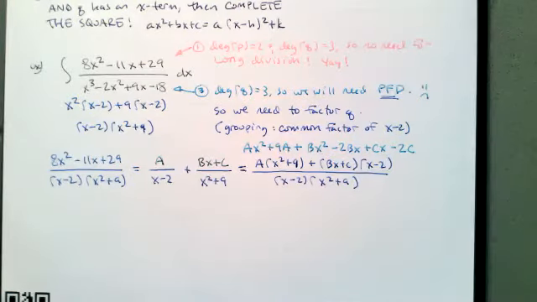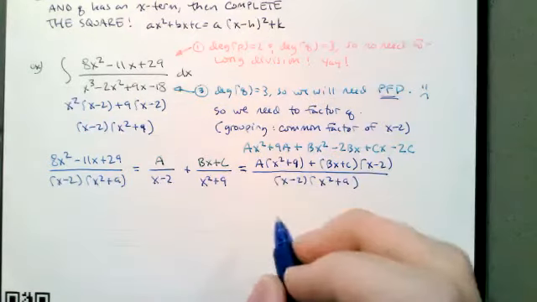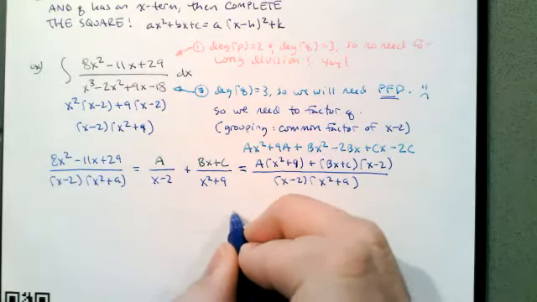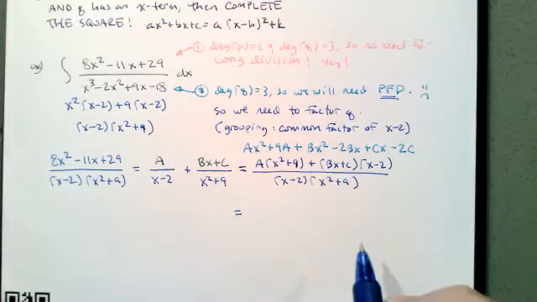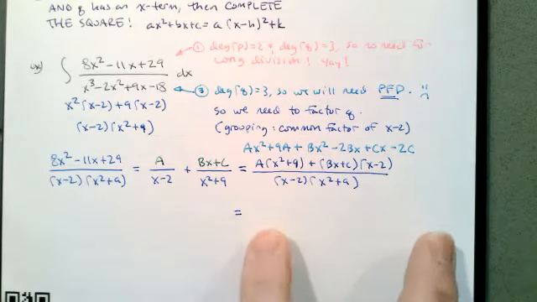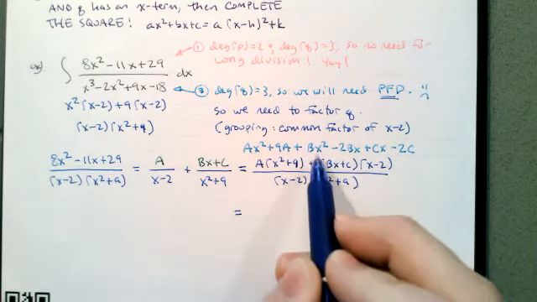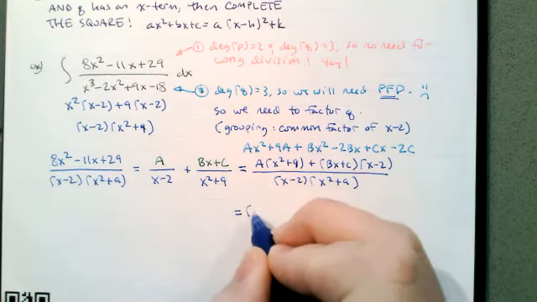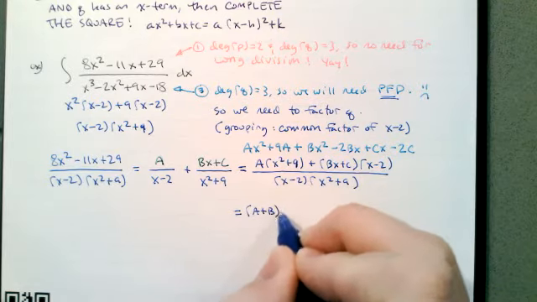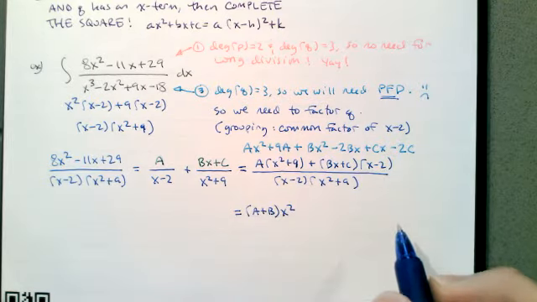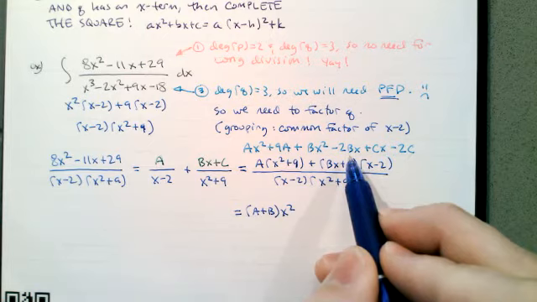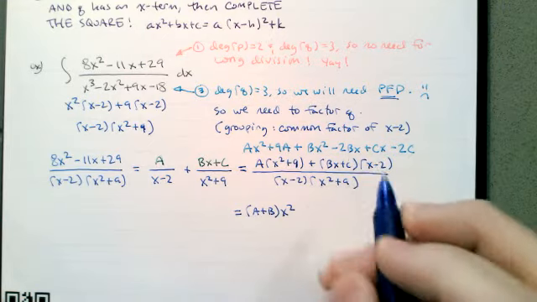Now I'm going to gather the like terms to find my coefficient of x squared. The x squared terms, there's an a and a b. So I have a plus b times x squared. My x terms are minus 2b and plus c.